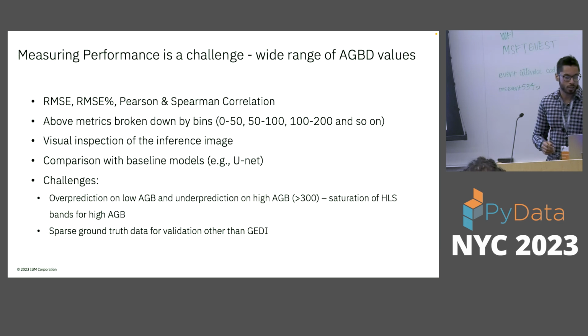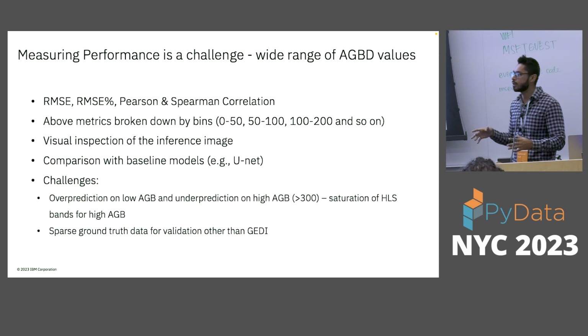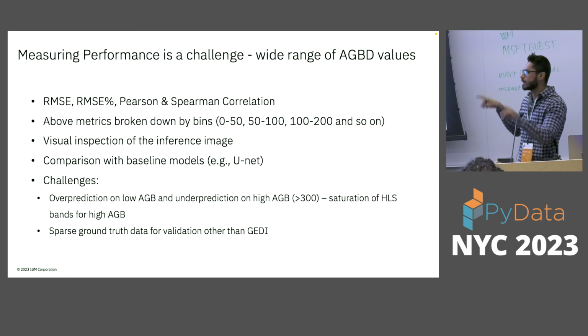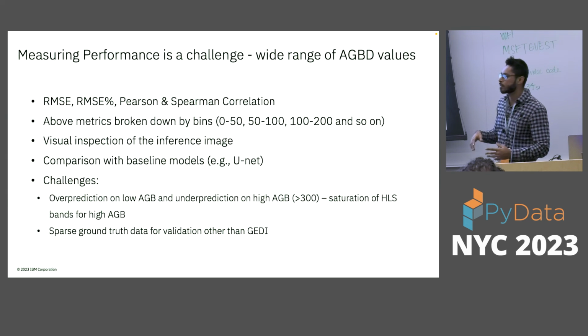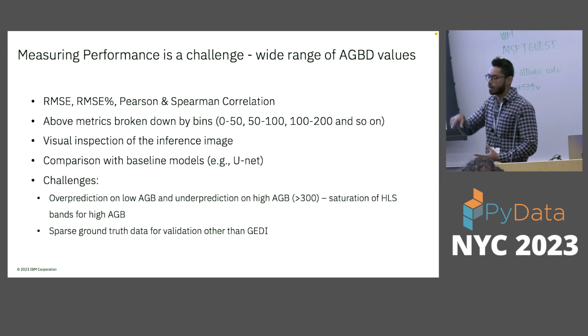And apart from just the numerical metrics, we also look at how our prediction looks in the image, because it has to make sense. It's a kind of subjective approach, but it's very important as well, because for whoever the user is, we look at what the distribution of the biomass is.